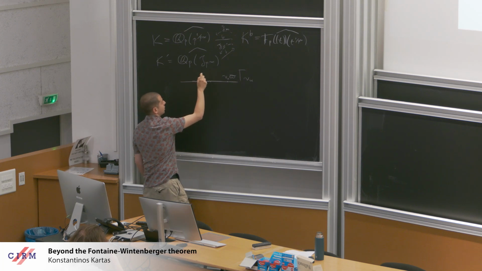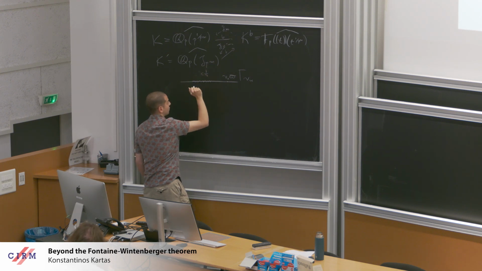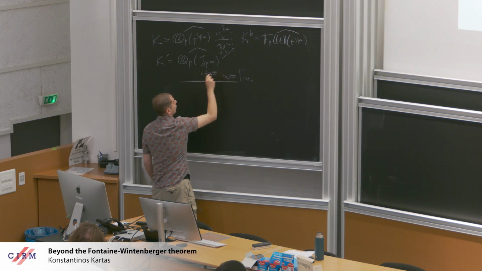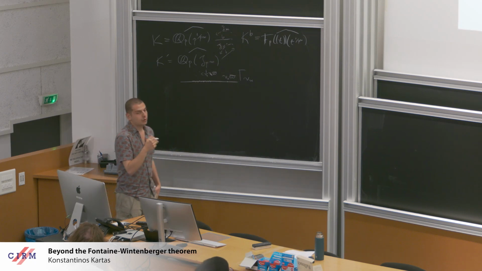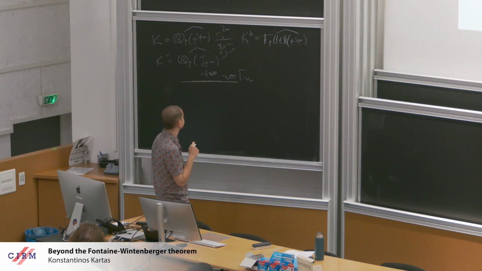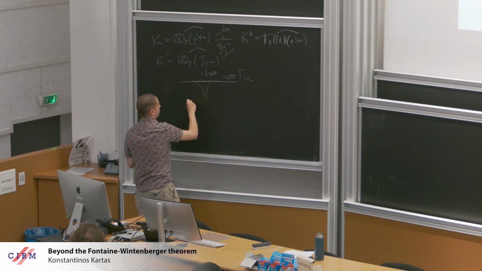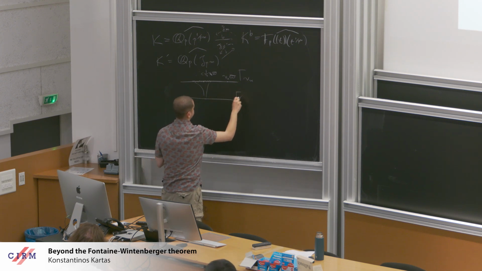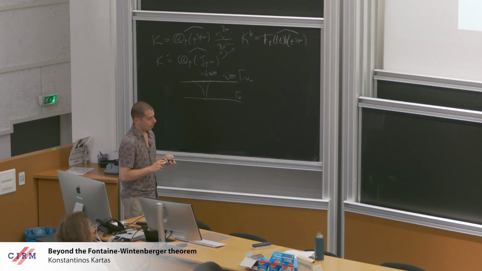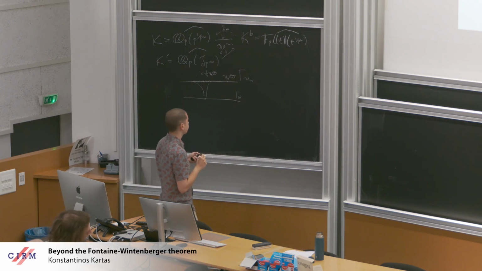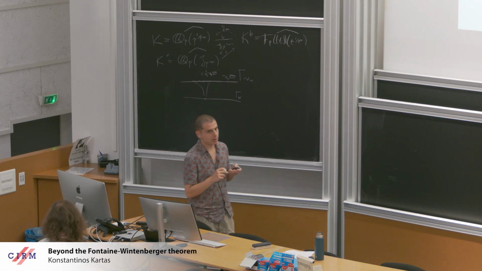By infinitesimals, I mean elements smaller than any rational multiple of the value of varpi. I just collapse this convex subgroup to 0. So now this is my new valuation. And the reason you want to do this is because after doing this, the valuation becomes really nice.